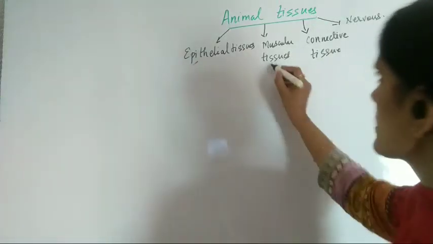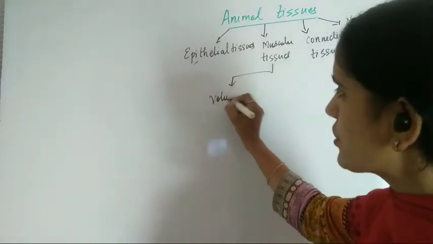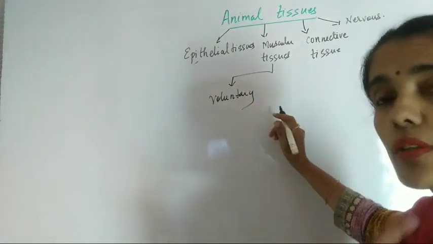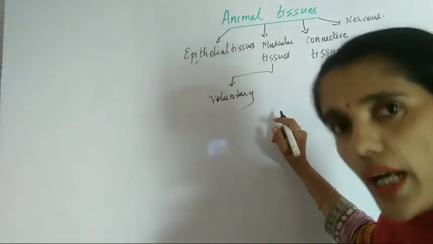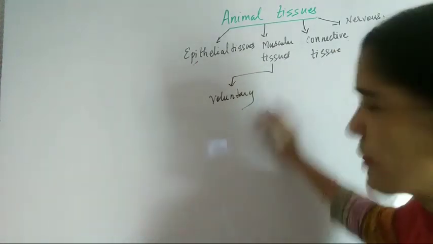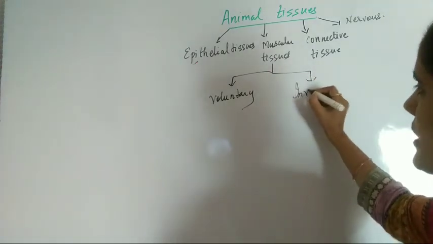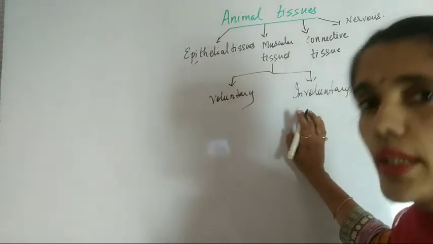Muscular tissues can be voluntary, muscles which are moving on our wish. They are termed as voluntary muscles. And involuntary. Involuntary means we are not controlling that.